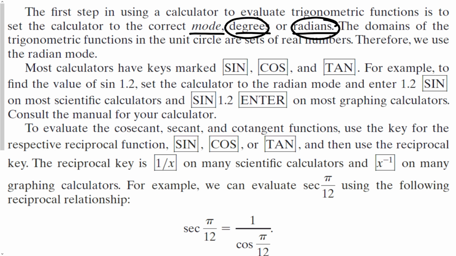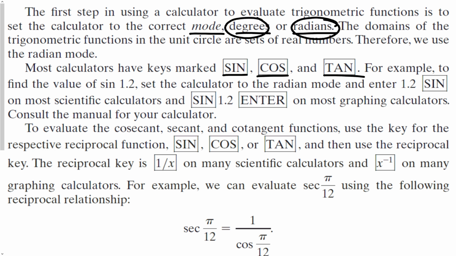look it up on YouTube, figure out or find the manual for your calculator and figure out how to go between degrees and radians. Mostly any calculator that has a sine, cosine, and tangent button on it can go between degrees and radians. You're just going to figure out how to do it. Depending on the way your calculator works, your button presses are going to be a little bit weird.